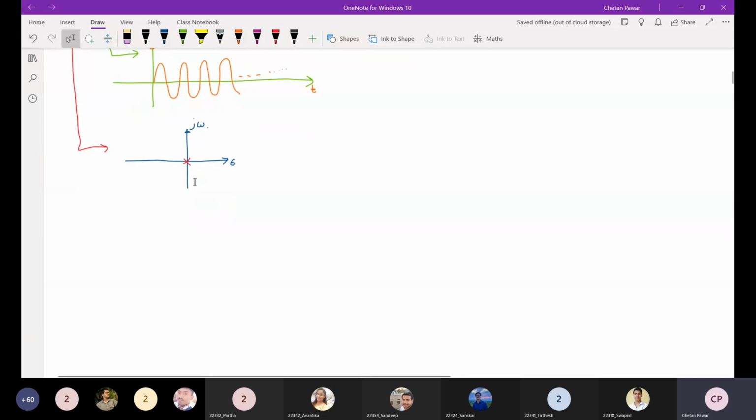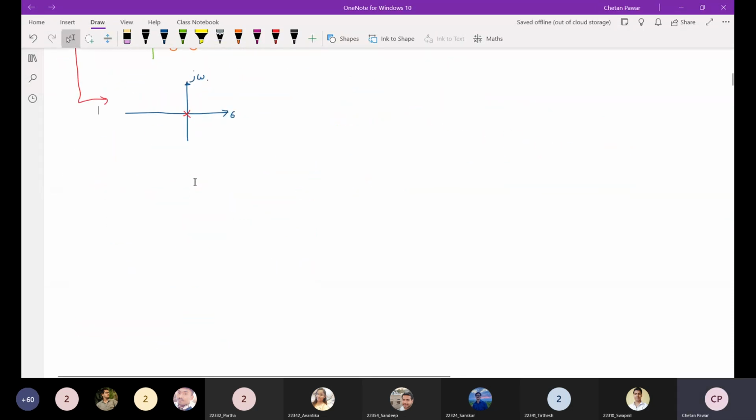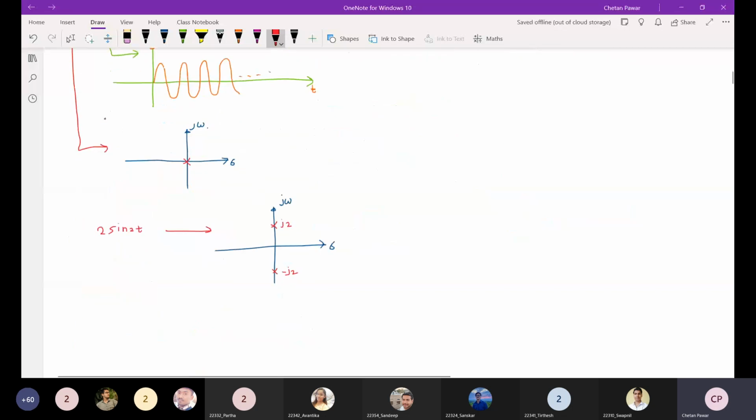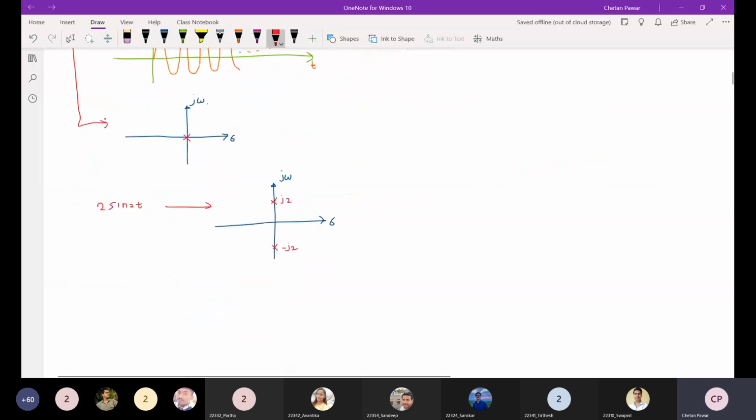What will be the pole location? Right? Similarly for that third term, 3 cos 3t.